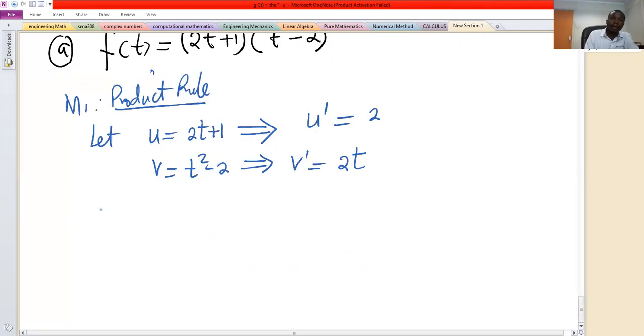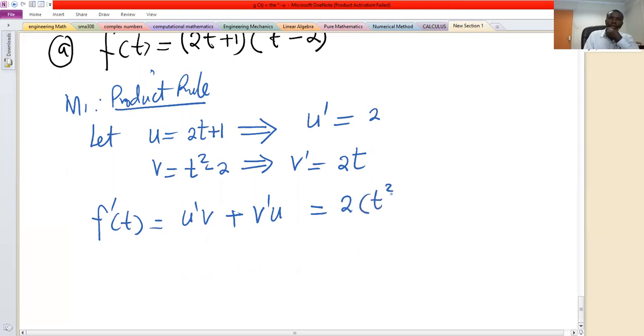Now, f prime of t is the same as u prime v plus v prime u, which is 2 into t squared minus 2 plus 2t into 2t plus 1.